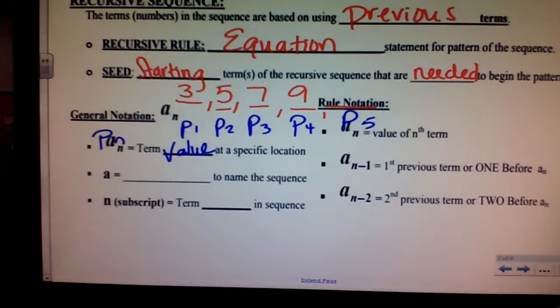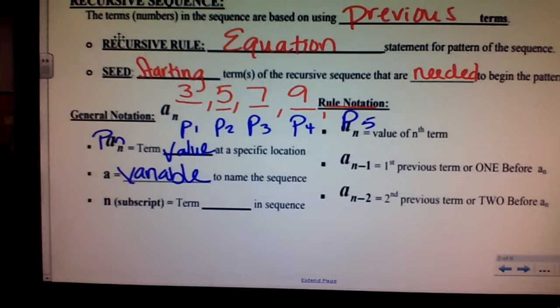So A is just a variable that they use to name the sequence. It doesn't matter if I use P. I could use M for Malik, I could use J for Josue. Most people stay away from S because it looks too much like a 5 sometimes.